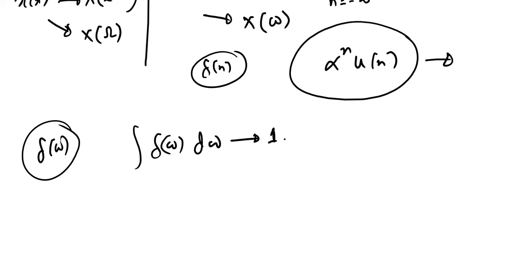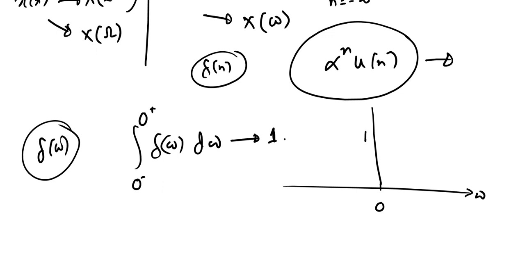The area would be 1 for a very small duration. Let's start with 0 minus to 0 plus, where omega is 0, and this has been defined as the delta function. This is 0 minus and this is 0 plus. What is the area of this? This area is 1.